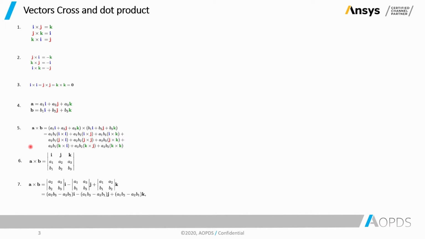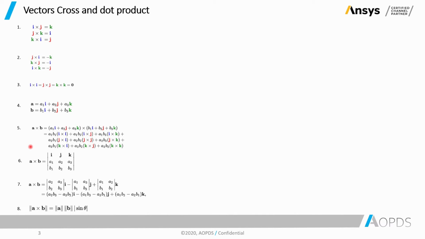Geometrically, what A cross B is representing is the area that vector A and vector B are making, which is basically a parallelogram. And the outcome or the product of this cross is going to be another vector perpendicular to these two vectors, and the magnitude of that vector is going to be the area that these two vectors are making.